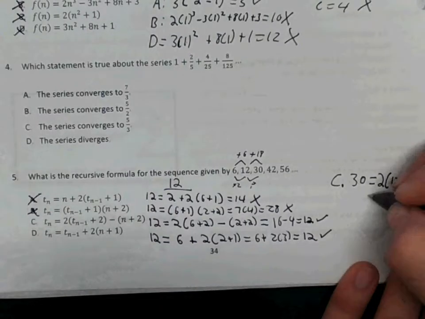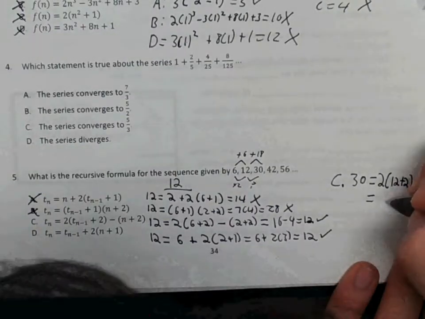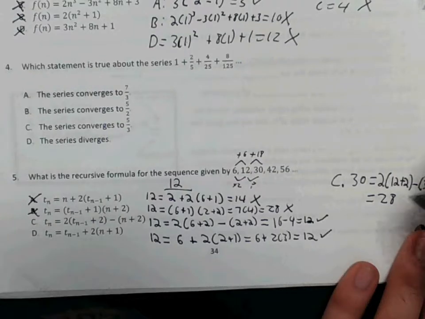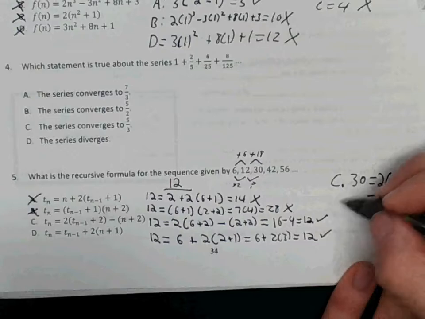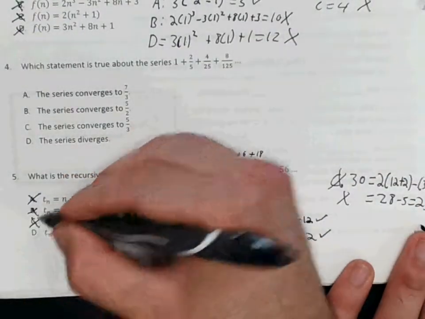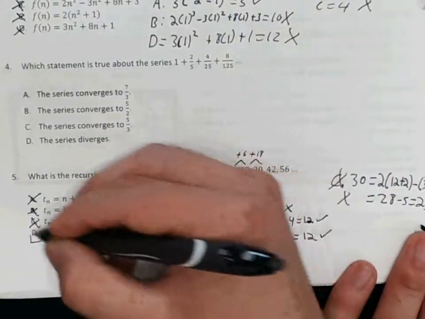Well, let's check. 12 plus 2 is 14. 14 times 2 is 28. 28 minus 3 plus 2 is 28 minus 5, which is equal to 23. Well, 23 is not equal to 30. So that eliminates answer choice C. And because we've eliminated all other answer choices, that leaves us with D.